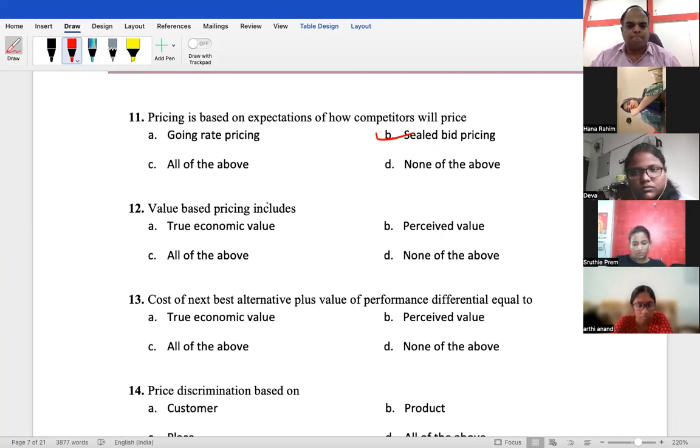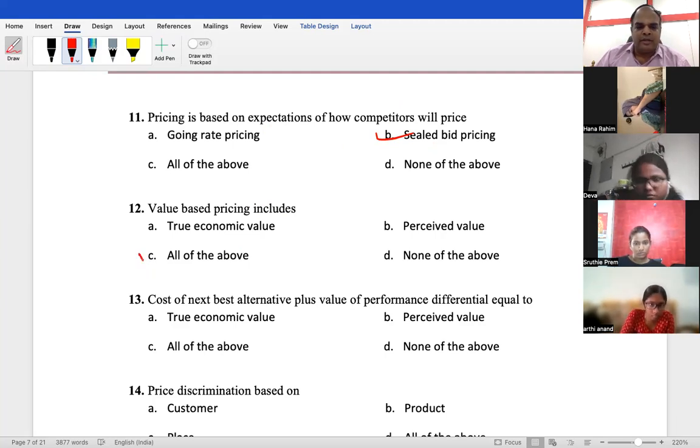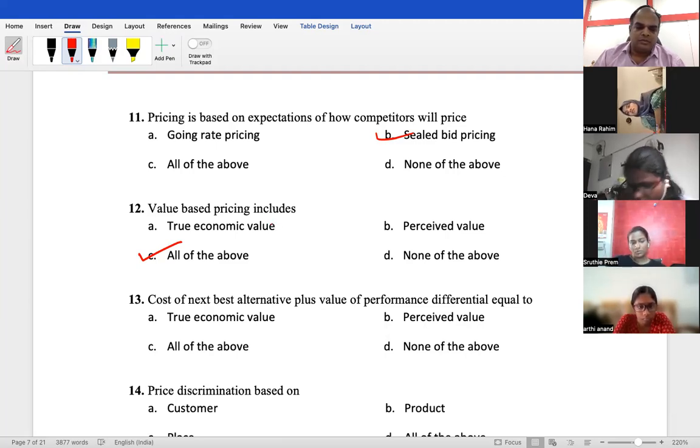Value-based pricing includes true economic value, perceived value, all of the above, none of the above. Both true economic and perceived value. Value-based pricing: cost of next best alternative plus value of performance differential equals true economic value, perceived value, all of the above, none of the above.